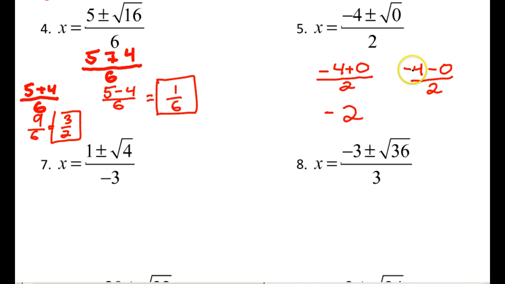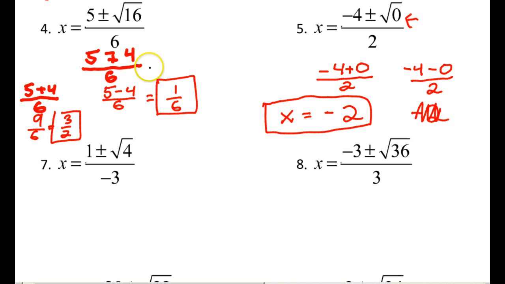And on the right-hand side, negative 4 minus 0 divided by 2. So you only get one answer when you have a 0. Because if you add 0 or subtract 0, it doesn't change the answer. So we only have to list one of them. You don't have to say the answer is negative 2 and negative 2. Just one answer.